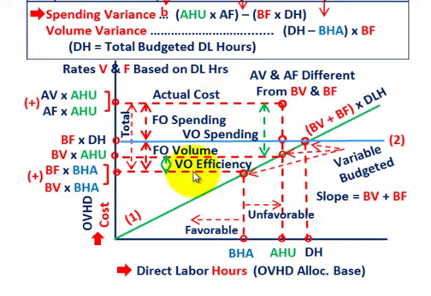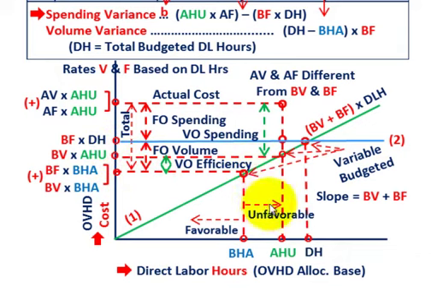Okay, so for our variable overhead efficiency variance, that was based on our budgeted hours allowed versus our actual hours used, based on our green line. We come across here, budgeted variable rate, looking at the different rates based on our actual versus our budgeted hours.